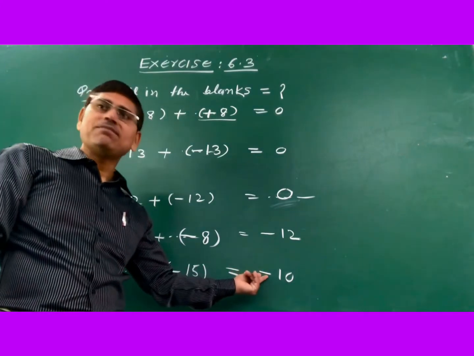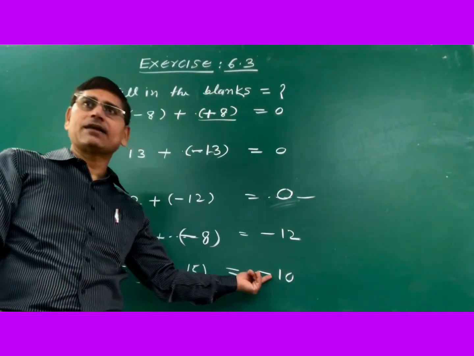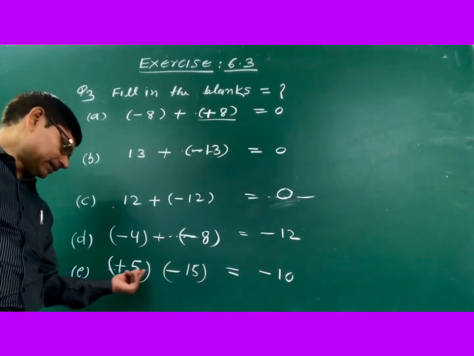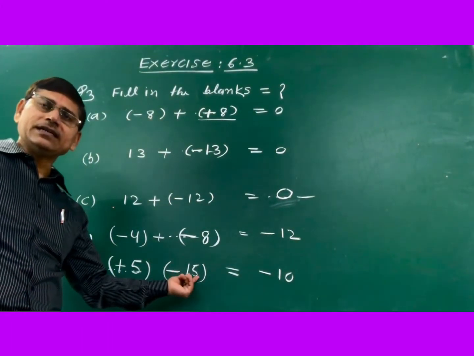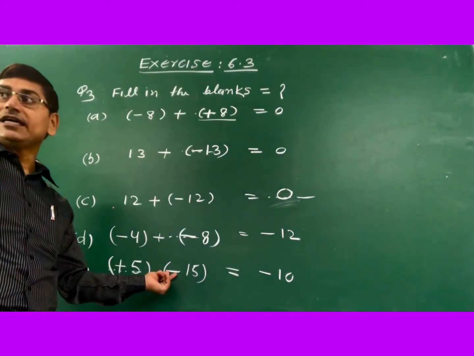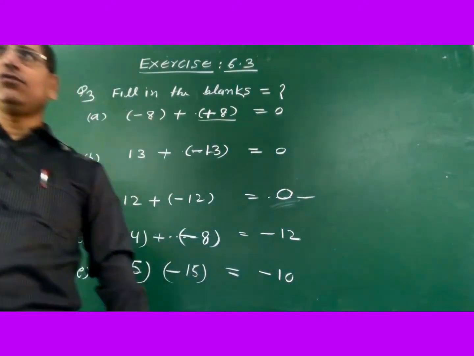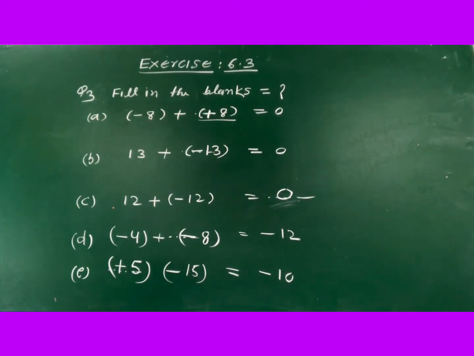So you will mark -10. Minus sign you will mark here because 15 is larger than 5, and 15 has the negative sign, so the result should be negative. So this is the answer of this question.